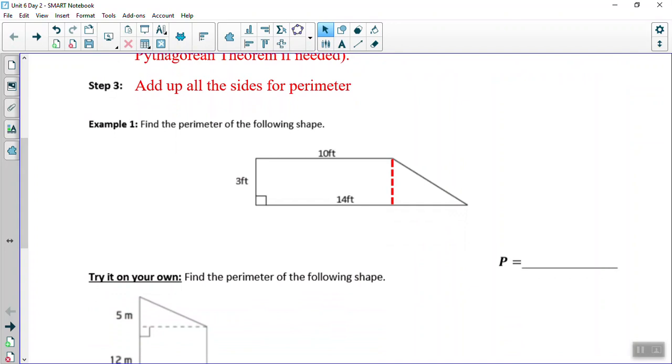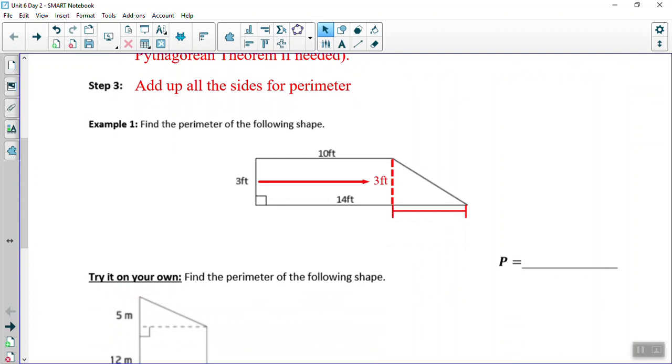This one here is the easy one, because it matches this side here, so that's going to be 3 feet. Now, the length of this piece right here: we know that the whole length from this corner to this corner is 14 feet.